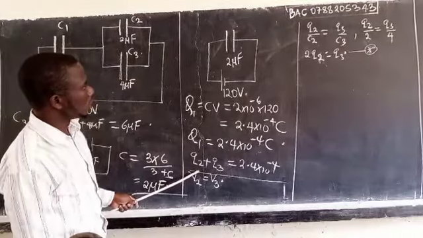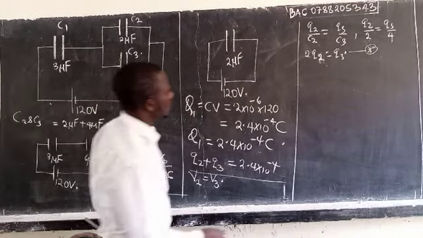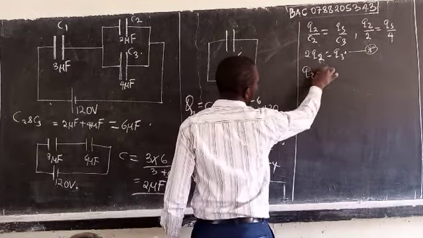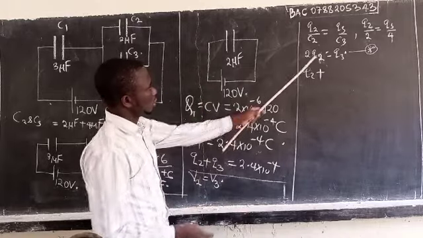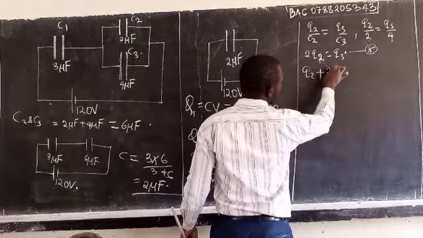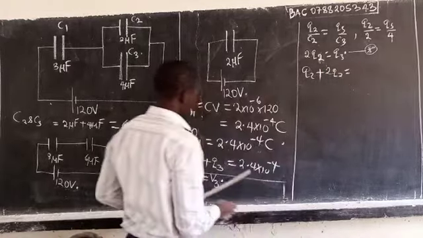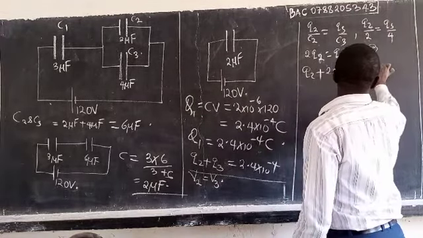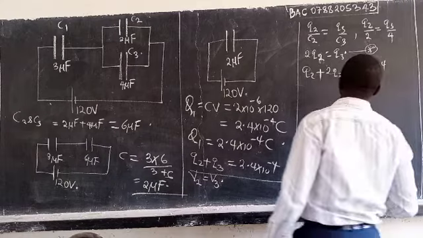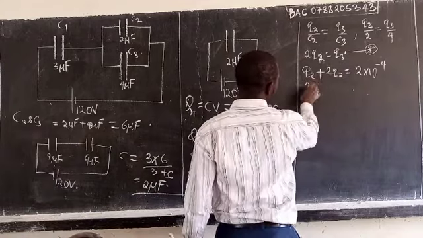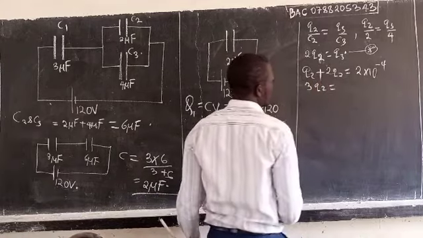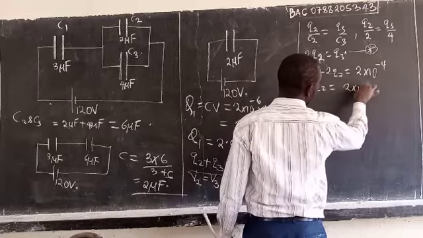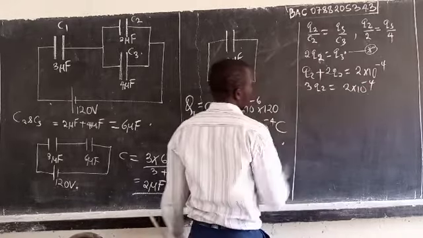Therefore, Q2 plus Q3, which is 2 Q2, is equivalent to 2.4 exponent -4. So this is 3 Q2 equals 2.4 exponent -4.